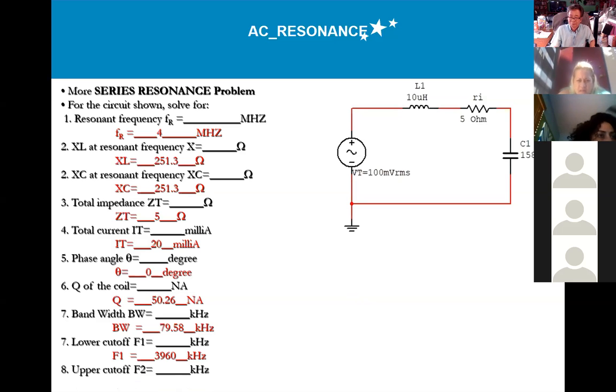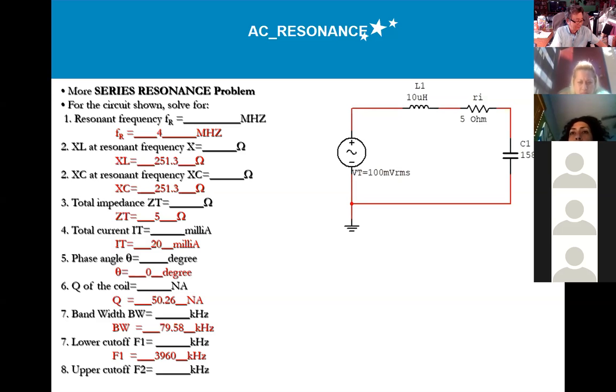I think you have the first one. It's kilohertz, the FR, not megahertz. Which one? The first number, the frequency. FR. Yes, FR. You say not 4 megahertz? What do you get?